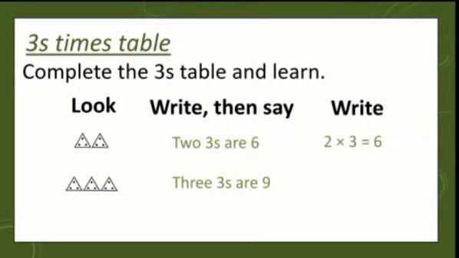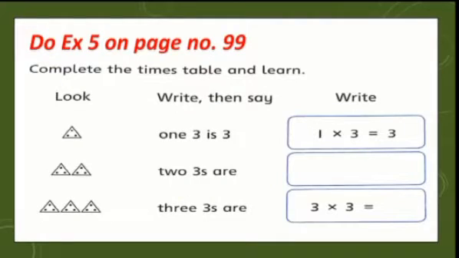Now 3 threes are 9, and it means you have to write 3 multiplied by 3 is equal to 9. Now open page number 99 and do exercise 5. Complete the times table and learn. Do all the parts in the book.